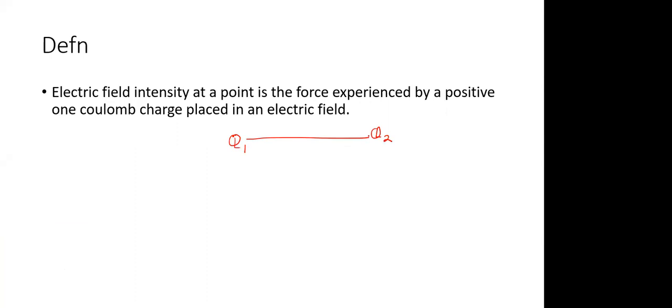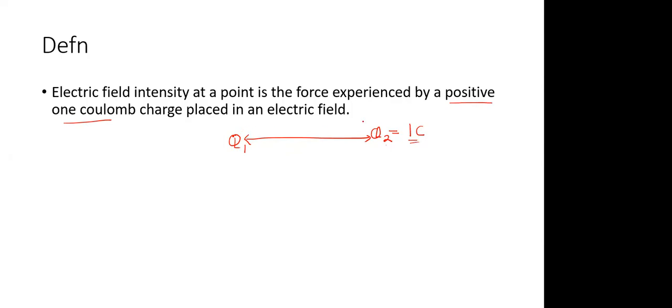We are looking at the force being experienced, but here we consider that the charge has a positive 1 coulomb. If I'm looking at charge Q2, it means it has a charge of 1 coulomb, so the electric field intensity experienced by Q2 due to Q1 means one of those charges will have a positive 1 coulomb. In case you want to find the electric field intensity acting on Q1, then Q1, the one being acted on, will have a charge of 1 coulomb.